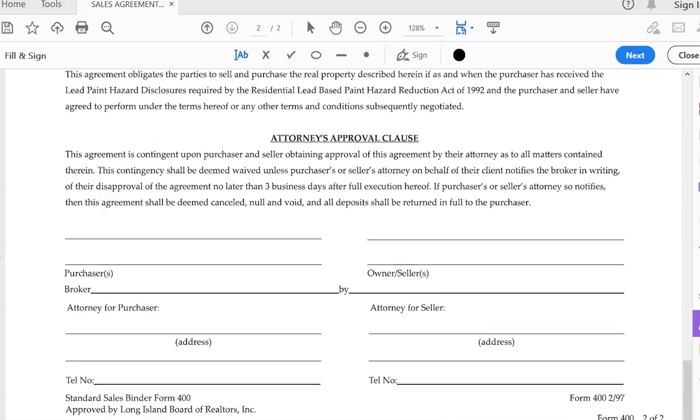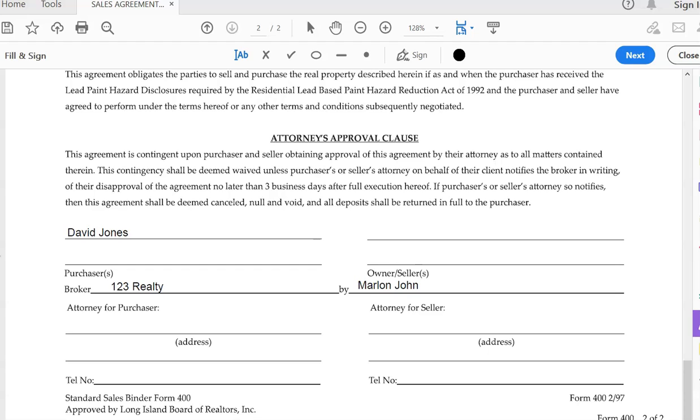Next, you will fill out information. So the buyer would have the opportunity to sign here. David Jones. Now the Realty and the agent, Marlon John.